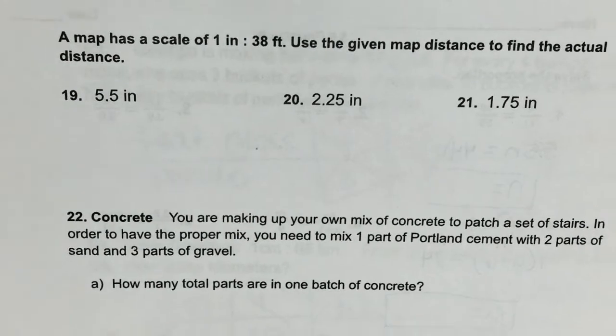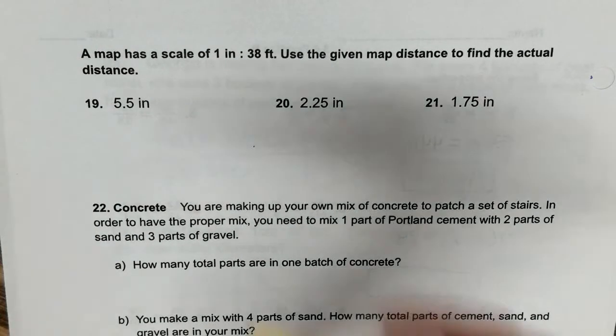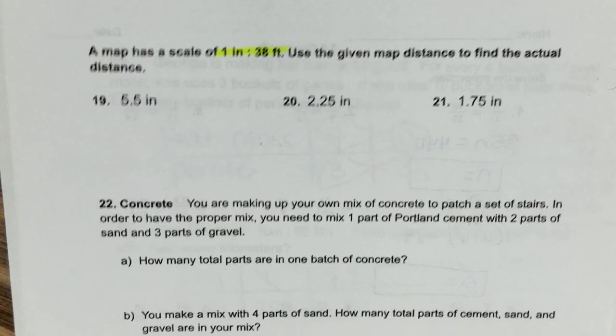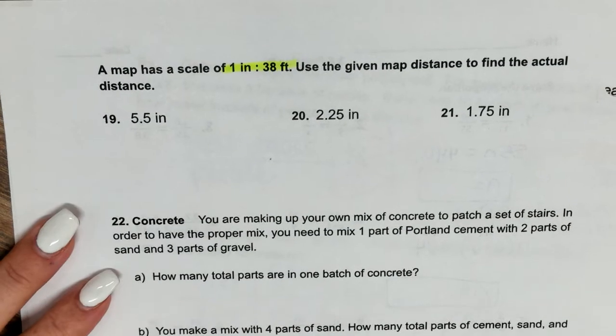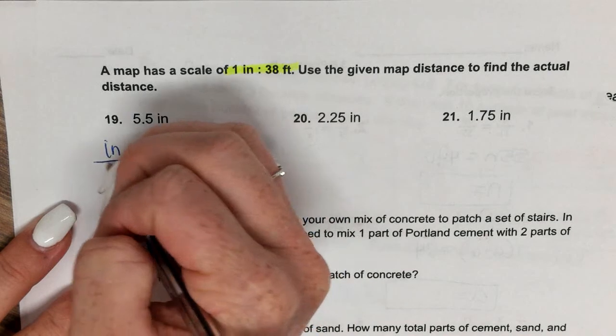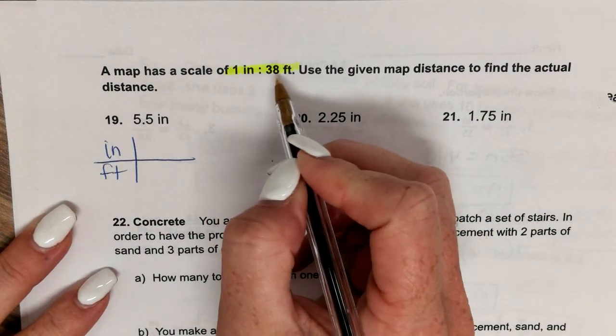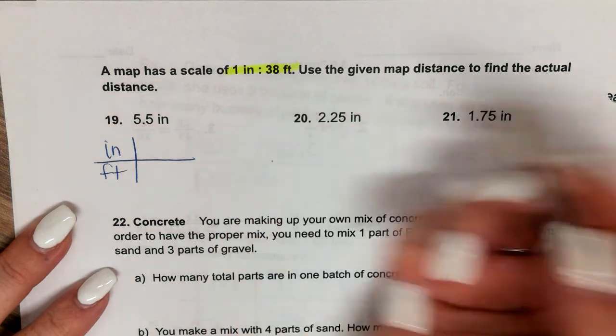On the back, they gave you the scale for 19 through 21. So it will be the same scale for all 3 problems. Yes? You can make your box by comparing inches to feet. This is the ratio they want you to use. Now, obviously, there's not 1 inch and 38 feet.